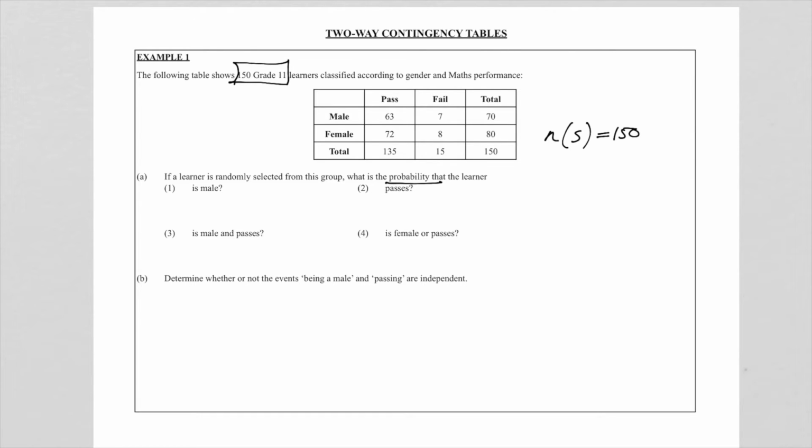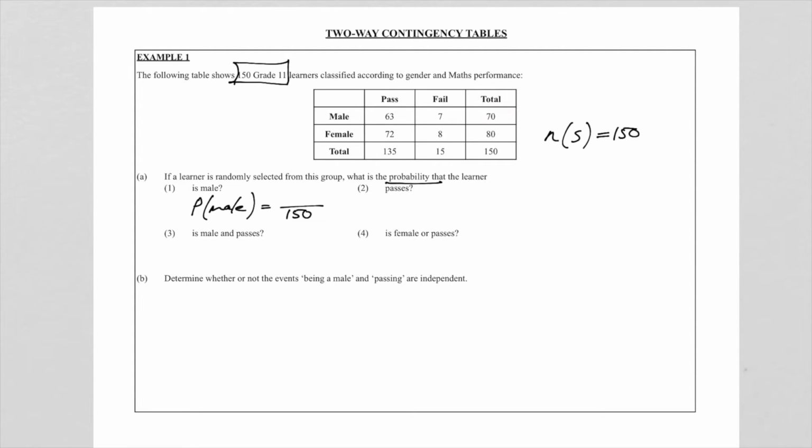The first one asks, what is the probability that the learner is male? To find the probability of male, and you're welcome to even write it down in words, it is how many males divided by the sample space of 150. To know the number of males, we look at the males and we look at the total, which is 70.